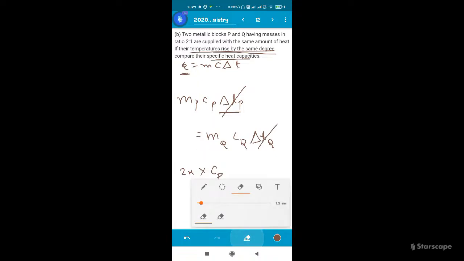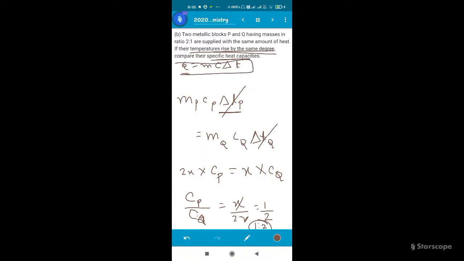Okay, so this will be equal to x into cq. So what will be the value of cp by cq? x by 2x, that is 1 by 2, or you can also write 1:2. So this is the ratio of the specific heat capacities. See, so simple. You just have to remember this particular formula, which you use extensively in solving numericals, and then you are done.